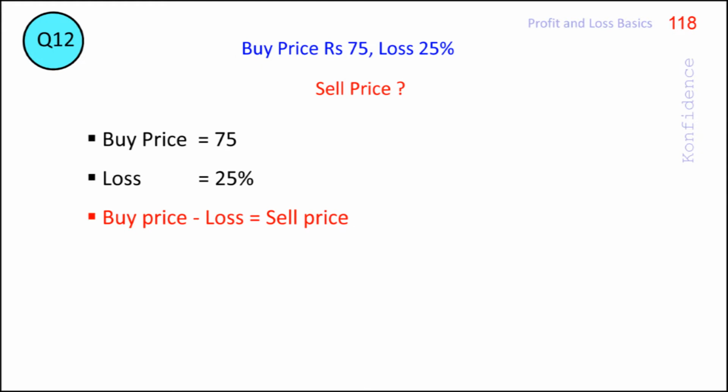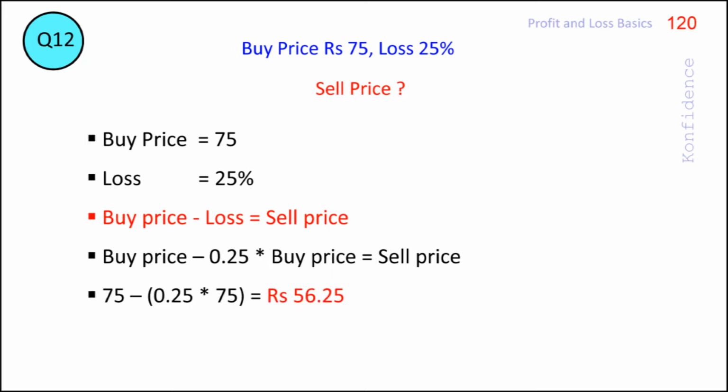We know when it is a loss, sell price will always be less than the buy price. So, buy price minus loss is equal to sell price. What is loss here? It is 25%. 25% of what? 25% of buy price. Therefore, sell price equals 75 minus 0.25 into 75.